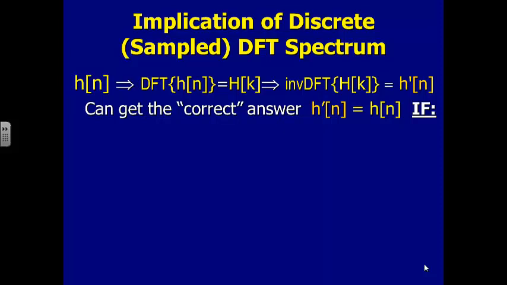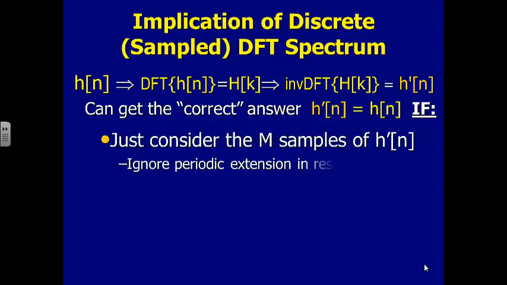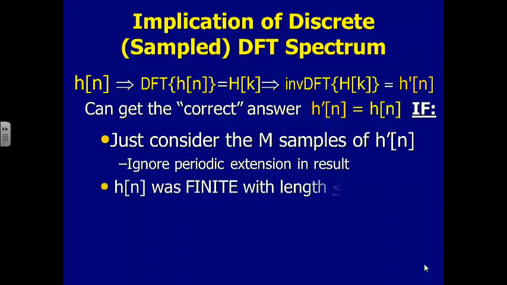if you take a time signal, a finite length signal, take its DFT, get its sample values, take its inverse transform, and look at what you got, you get the right answer if the following is true. If you started out with m samples, that's what you get back out. First of all, we'll just plain ignore that it's a periodically extended signal, and sometimes I can get away with that.